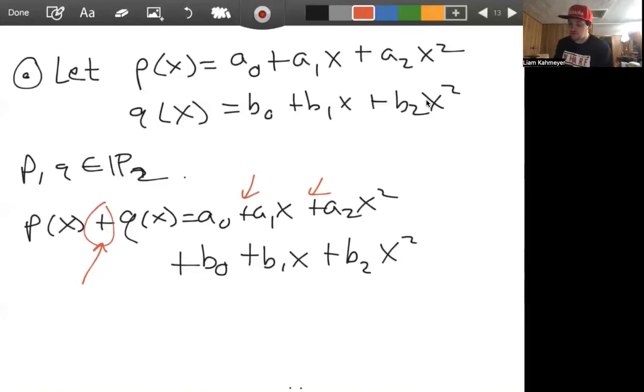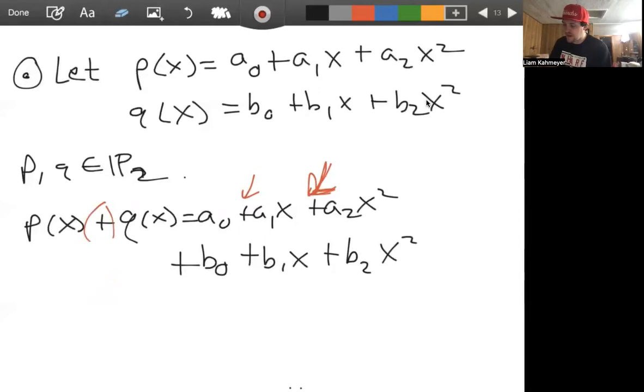This is addition over here. This is addition for this polynomial space. This is addition over the reals. We can use properties of the reals being a vector space to show that P2 is a vector space.